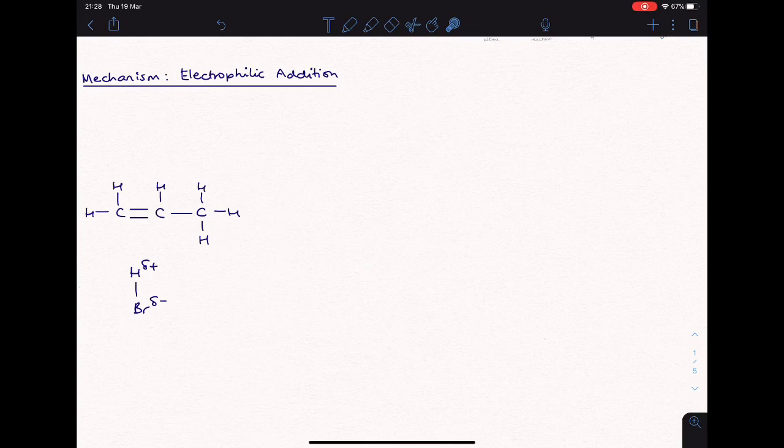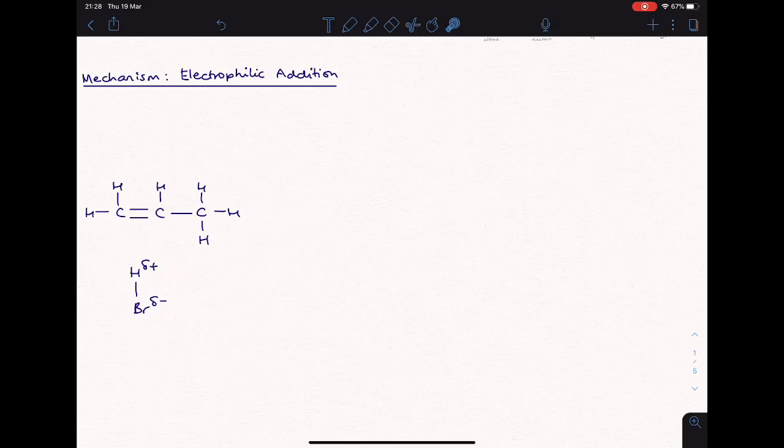So here's our electrophilic addition mechanism with an asymmetrical alkene and an asymmetrical reactant. In this case, we should get two different possible products. We must have both the reactants being asymmetrical to have two different possible products.